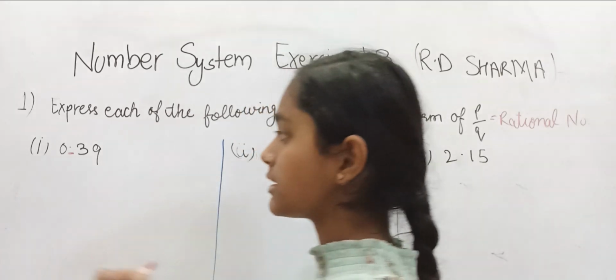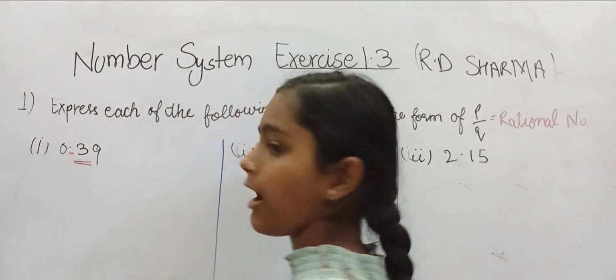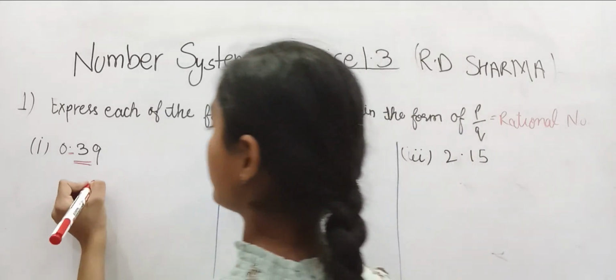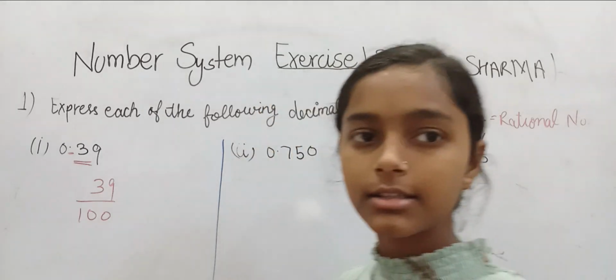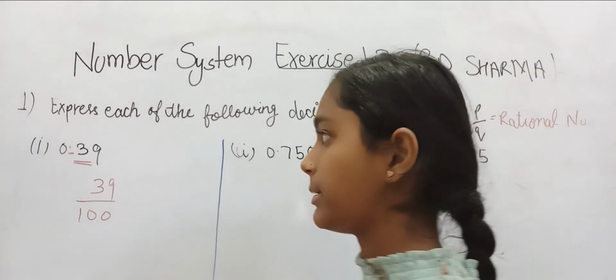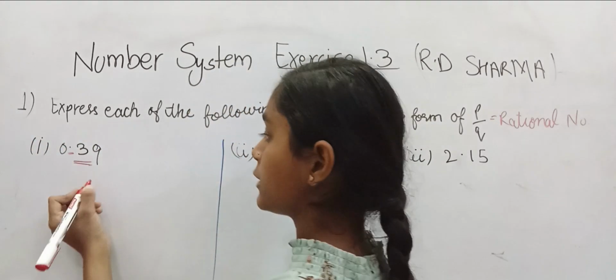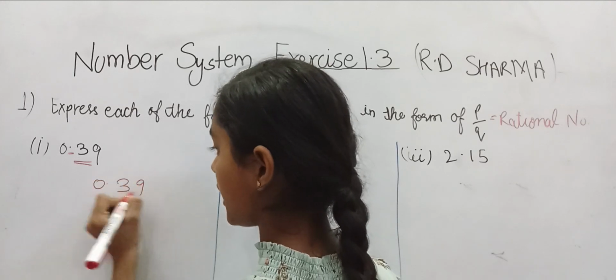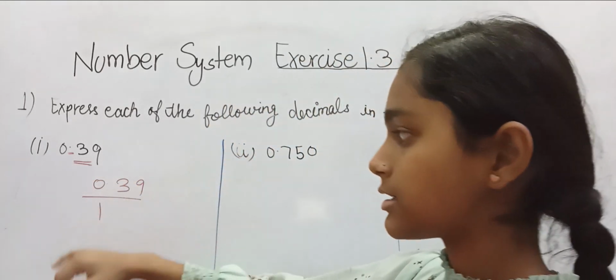See how many digits there are after the point. There are 2 digits after the point, so it would be 39 by 100. Why 39 by 100, and why did we choose 100? Because if we write anything in the form of p by q, we would write 0.39 by 1, because that would make it a rational number.